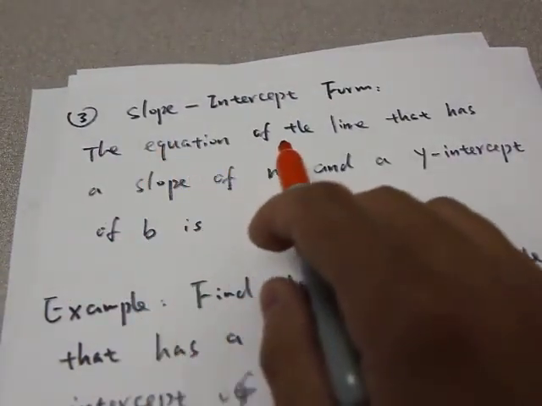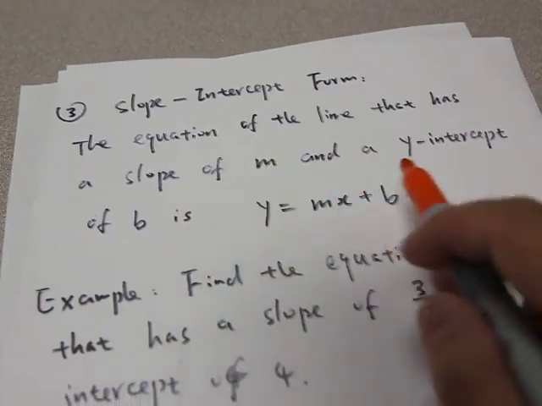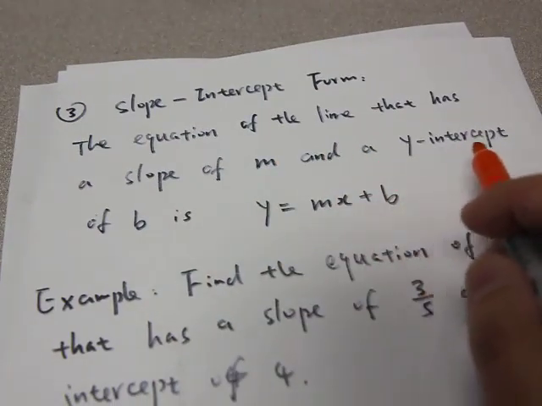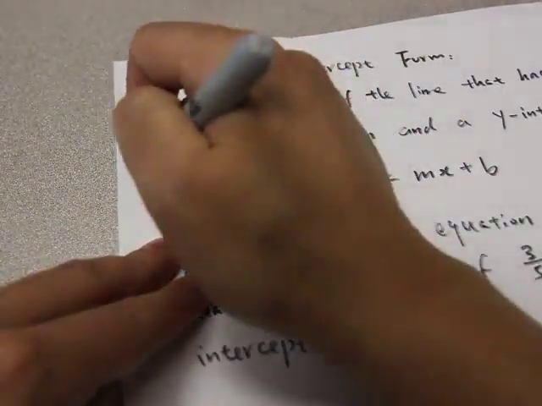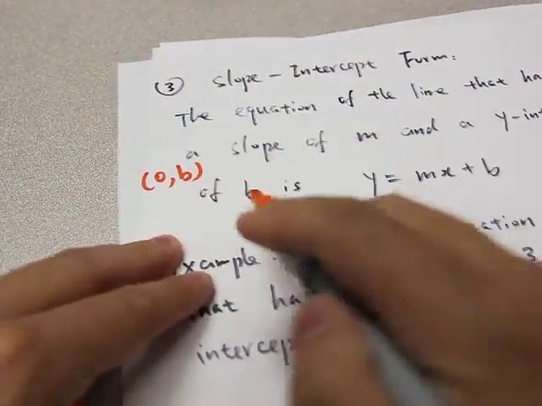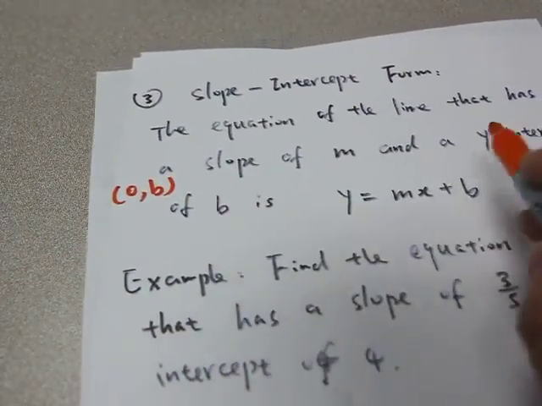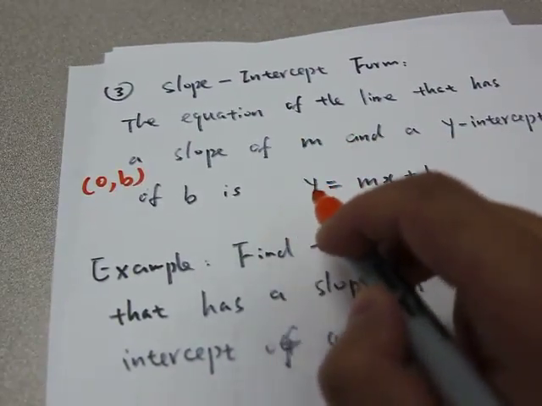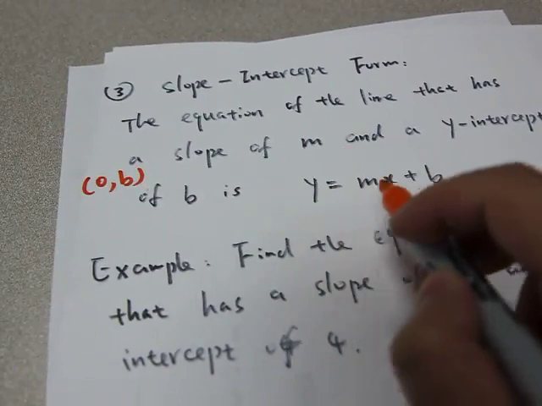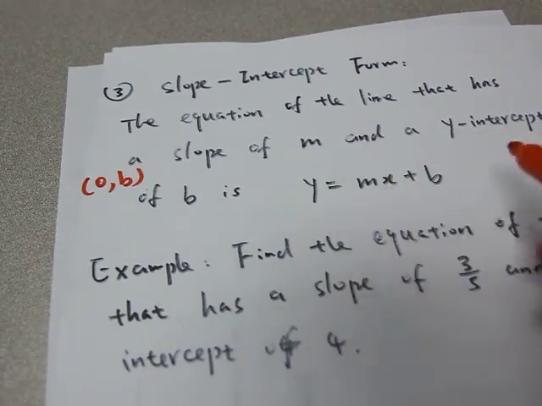So if we know the slope of a straight line is m, and we are given its y-intercept, and the y-intercept of b means, because we know the y-intercept is a point, that the y component of that point is b. Given these two pieces of information, we can use this equation y equals mx plus b to define the equation of the straight line.